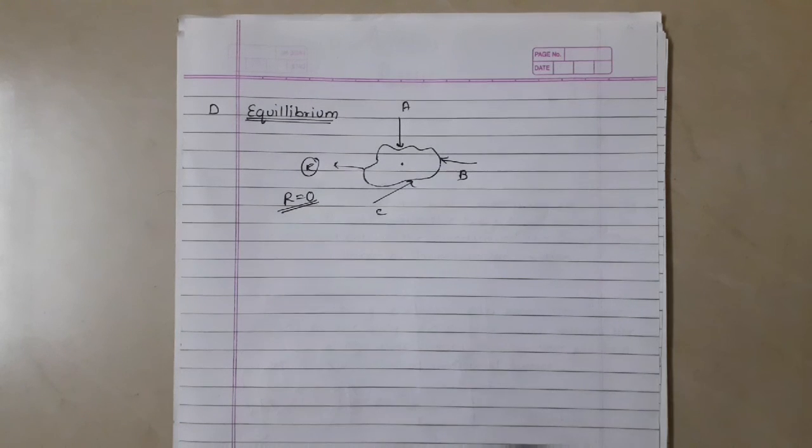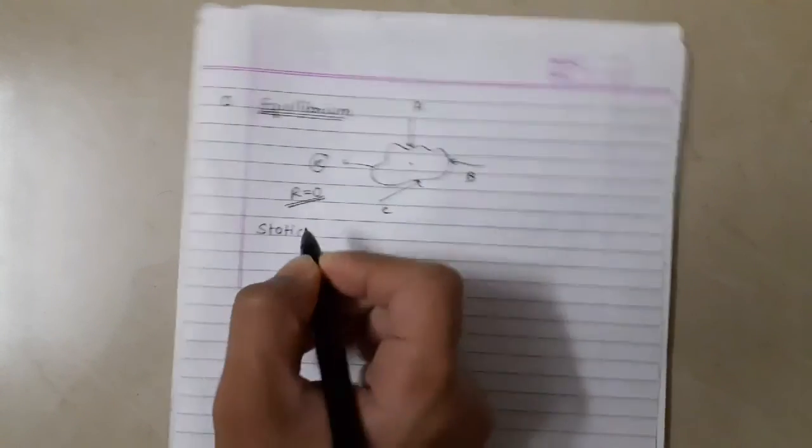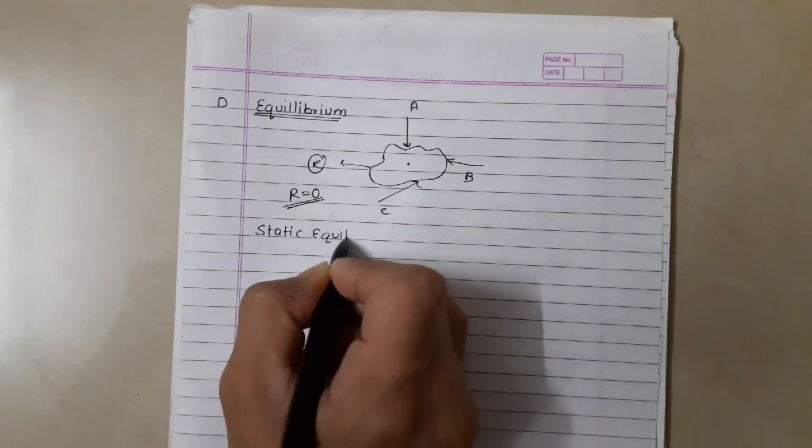Okay, so let's study. There are different kinds of equilibrium, out of which let's start with the first one, that is static equilibrium.